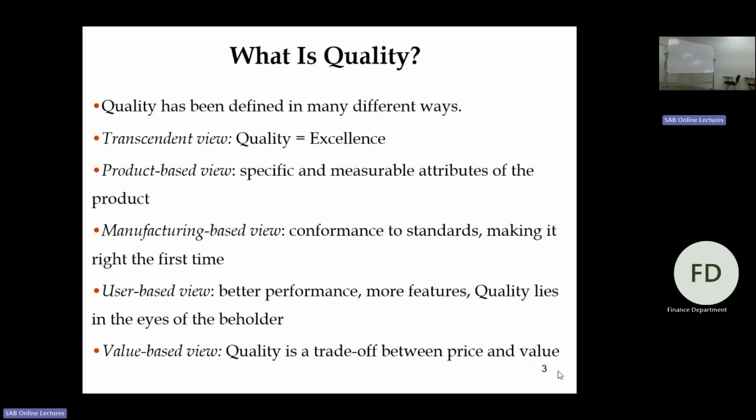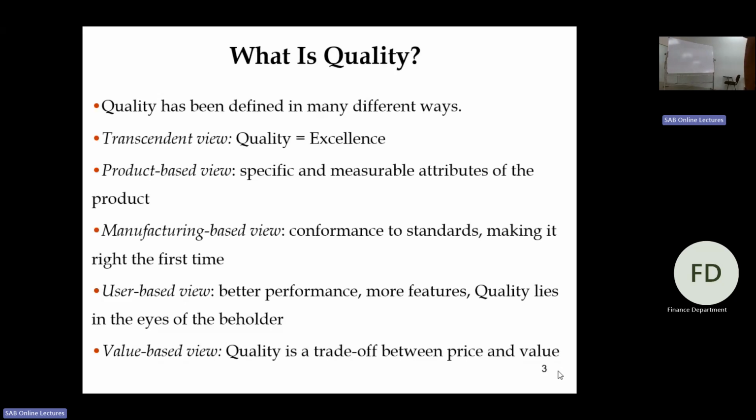So in our operations management subject, our focus is mainly on that because as operations manager, that is what we are responsible for. Conformance to standards. Making the right product first time and thereby ensuring the quality.